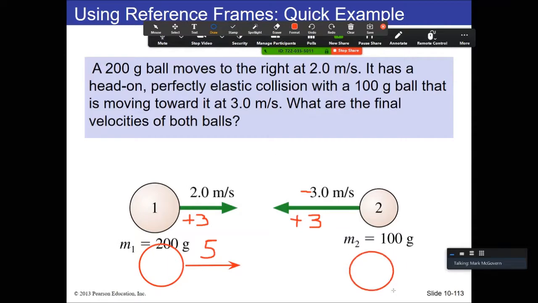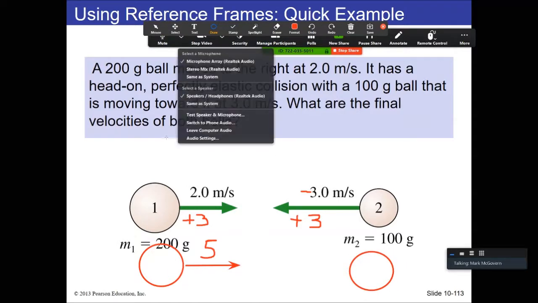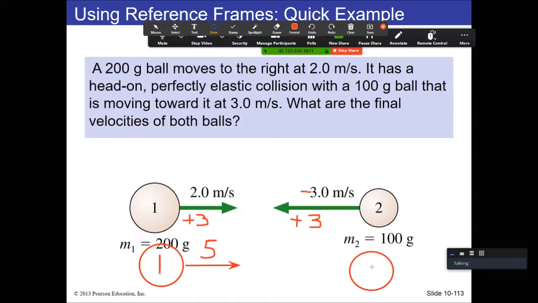Okay, now you can go and use those original equations. Now, guess what though? When you go and use those equations, the velocities that you will get out of those two equations will be the velocities in this new reference frame.